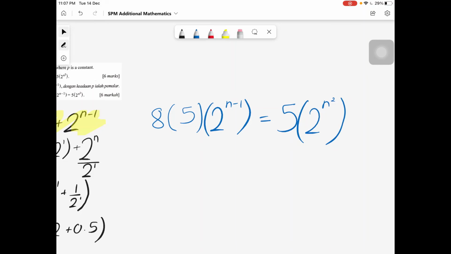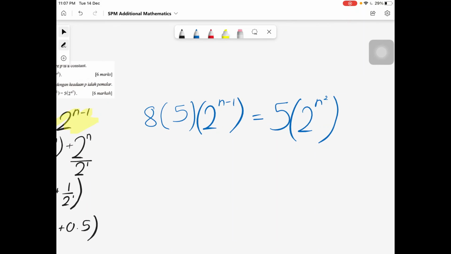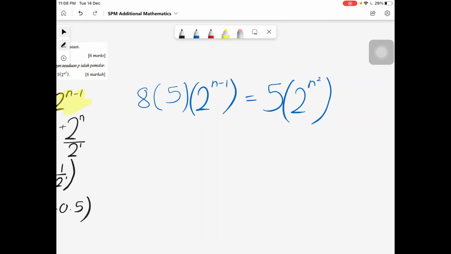Usually when you see this equation, you will only look at the left side of the equation over here, and then you would think, let me multiply 8 and 5, since we can. But what if you look at it from the entire equation from left to right? You would see that 5, you can cancel it out, right? So we can cancel out 5.